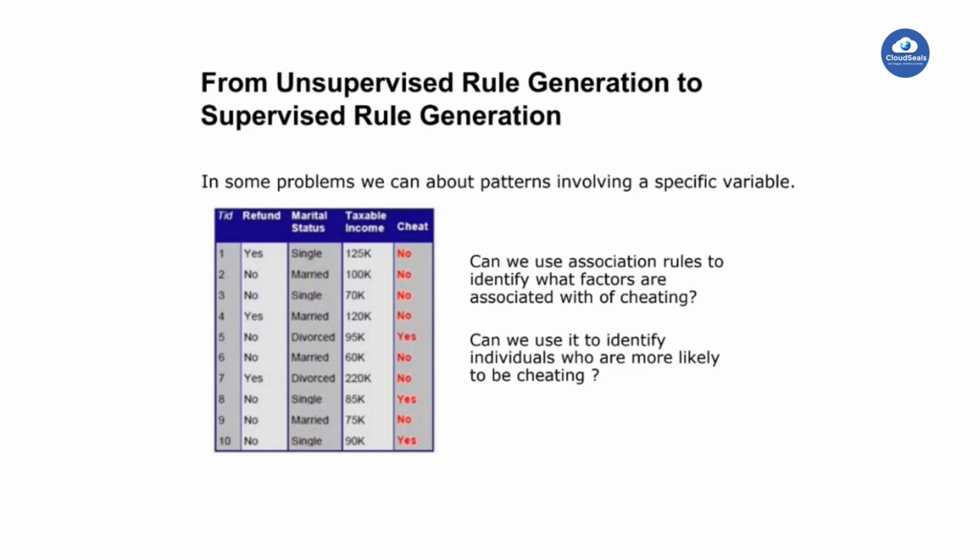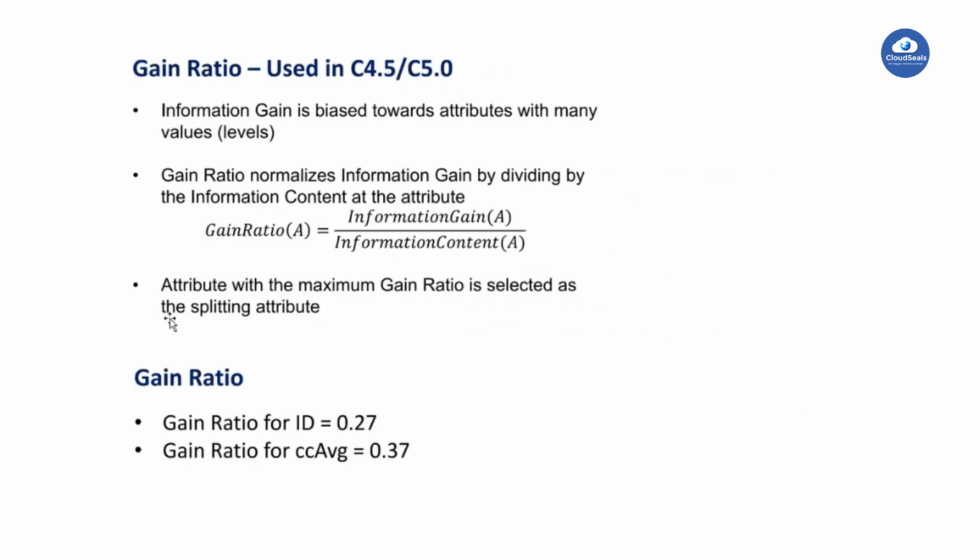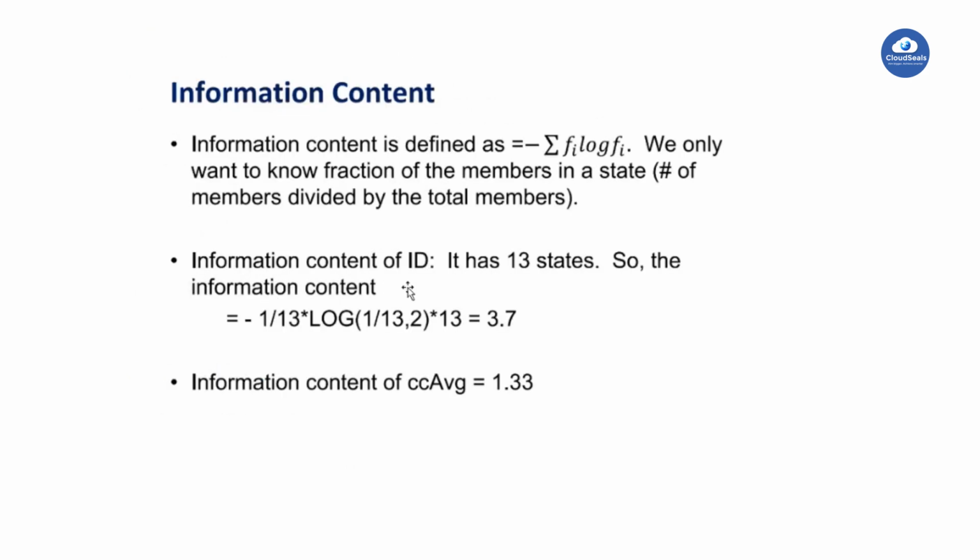Gain ratio is the final metric we will consider to identify the root attribute. Do you understand where gain fails? Gain gives a high value if the data in an attribute has high variation. ID has high variation compared to CC average, so we got high entropy and high gain for the ID value.